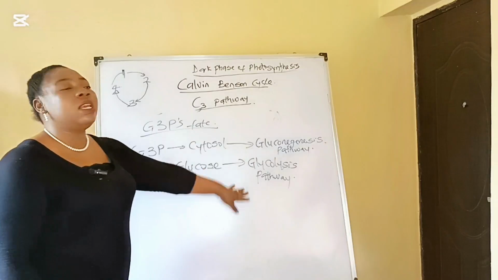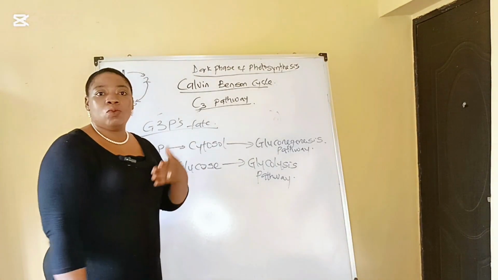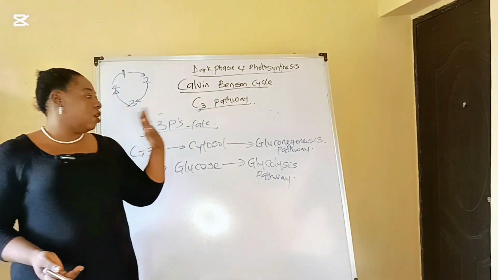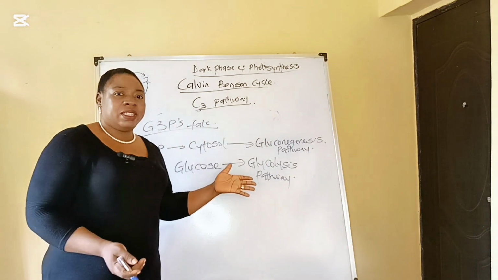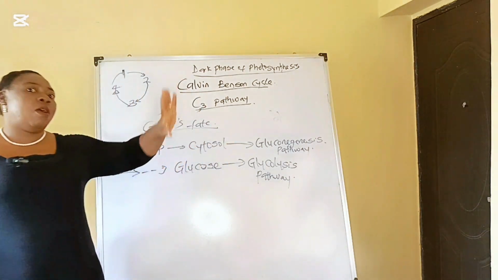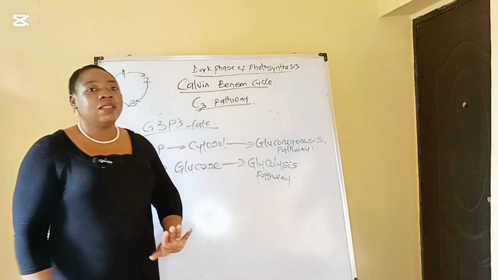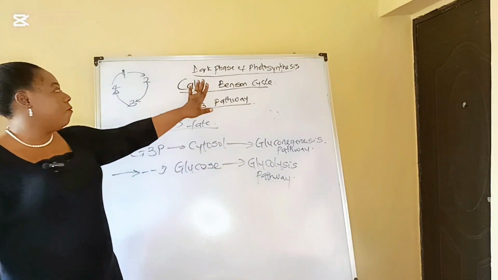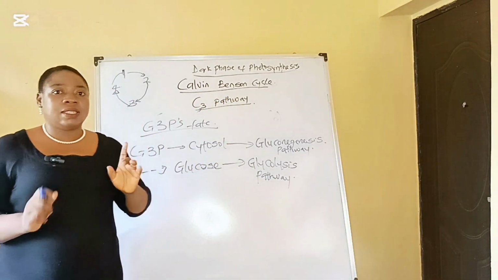In this glycolysis pathway, the plant gets energy, and it uses that energy for several functions like cell growth, cell repair, resistance to pathogens, etc. We've mentioned all those functions in our previous classes on photosynthesis. So this is just the summary of the dark phase of photosynthesis, also known as the Calvin-Benson cycle.